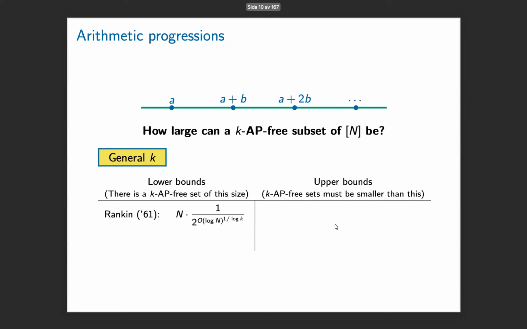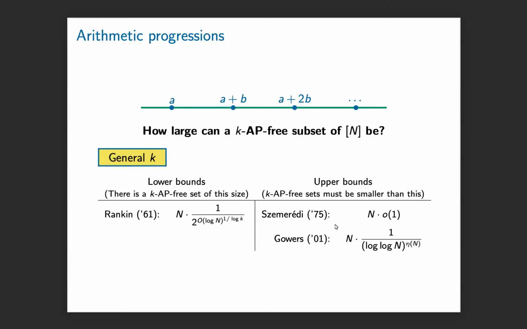What about for general K? In 1961, Rankin gave a generalization of Behrend's construction. In particular, at K equals 3, Rankin's construction is exactly Behrend's construction. On the other hand, upper bounds for general K are much more difficult to come by. Szemerédi's theorem in 1975 famously said that if you have a set of constant density, then it must contain a K-term arithmetic progression.